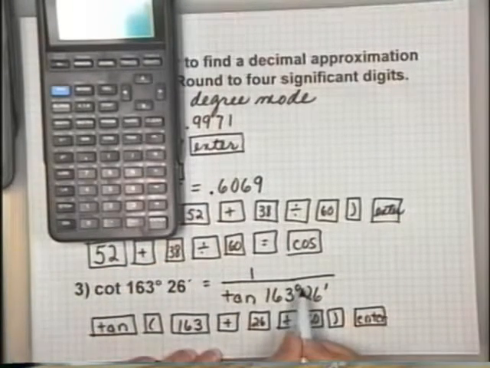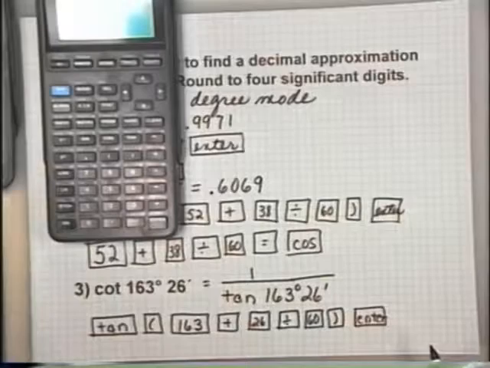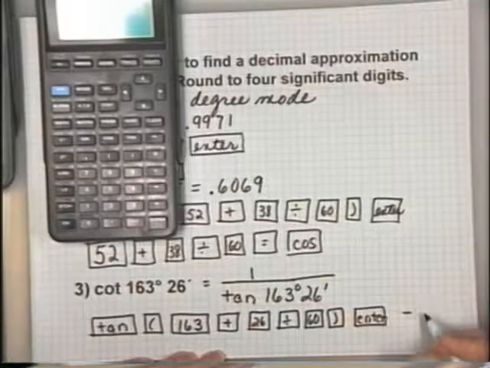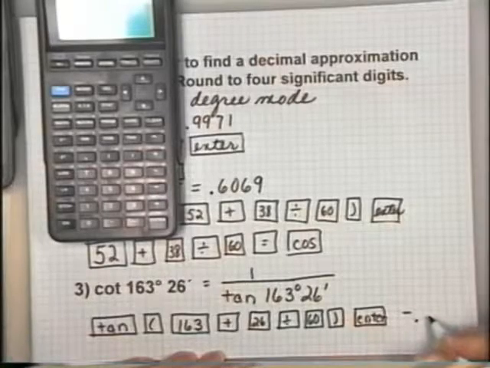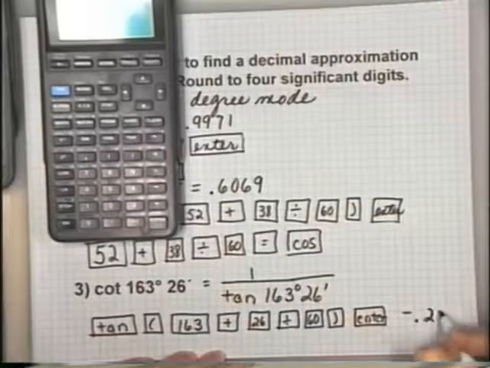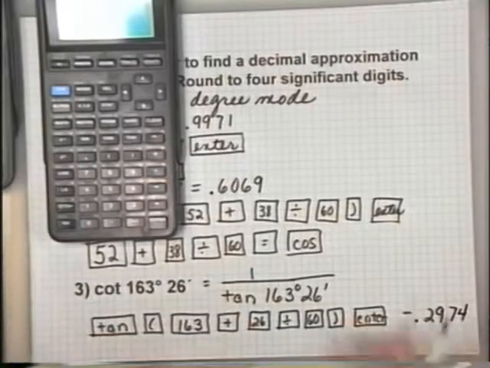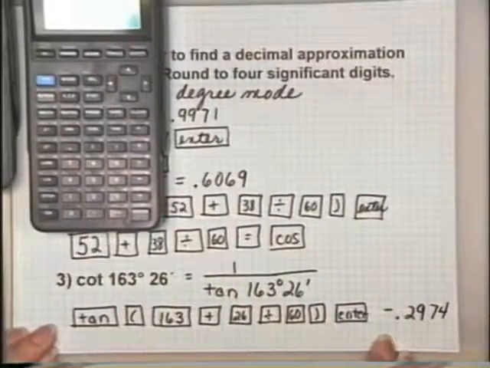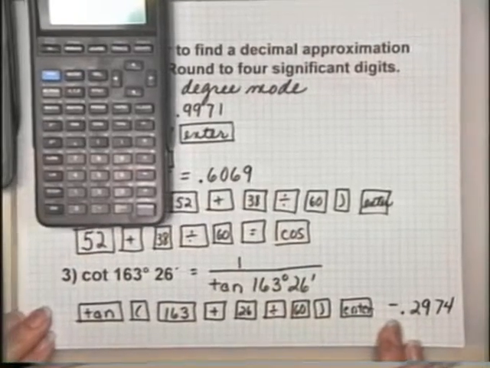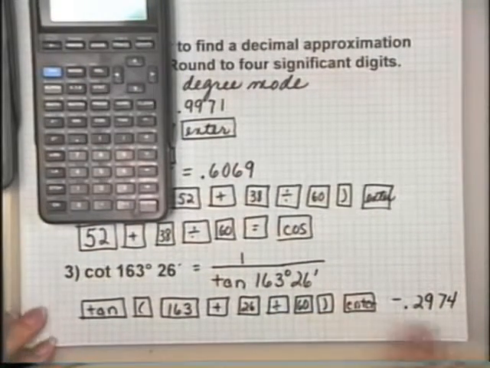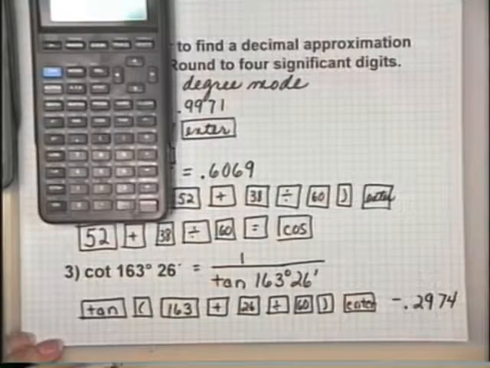And 163 degrees is an angle in the second quadrant, so this should be negative. I got negative, and I'll just write the first 4 digits. I'm not going to worry about rounding because we just want to leave this in our calculator anyway. But that's what you should get when you do this line. Now we want to know what the reciprocal of that is, because the reciprocal of that's what the cotangent equals to.